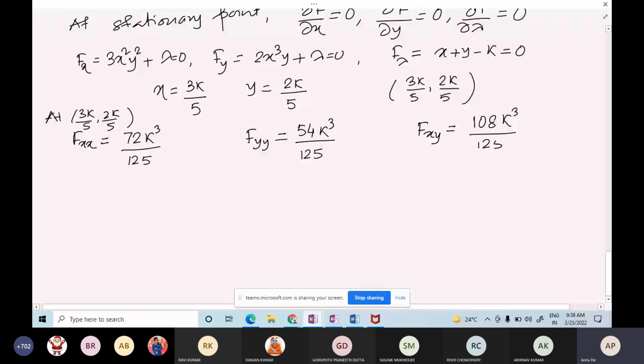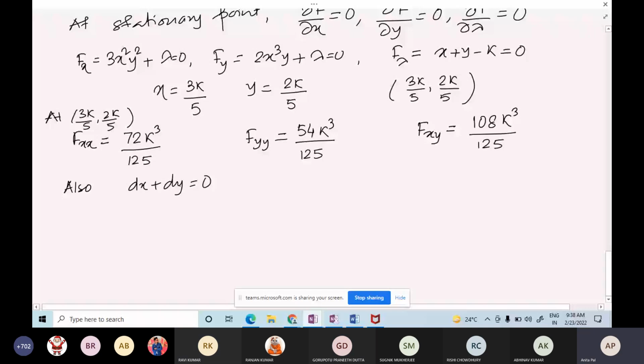Now see, we have a relation. We know that dx plus dy will be 0 because x plus y equals k. That is given. So dy equals minus dx.